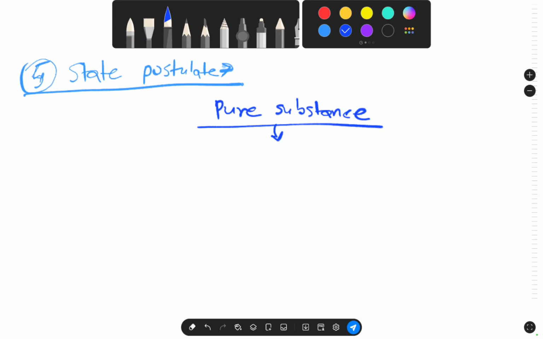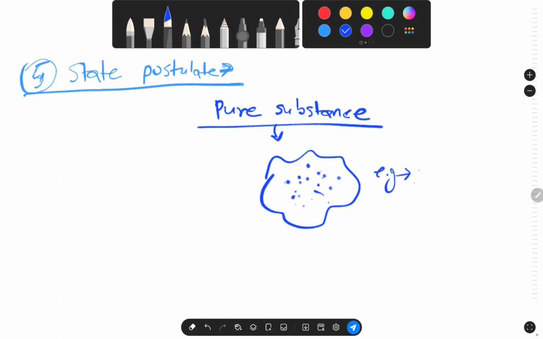Examples are steam water mixture and atmospheric air, but liquid air and a mixture of air and liquid air is not a pure substance.